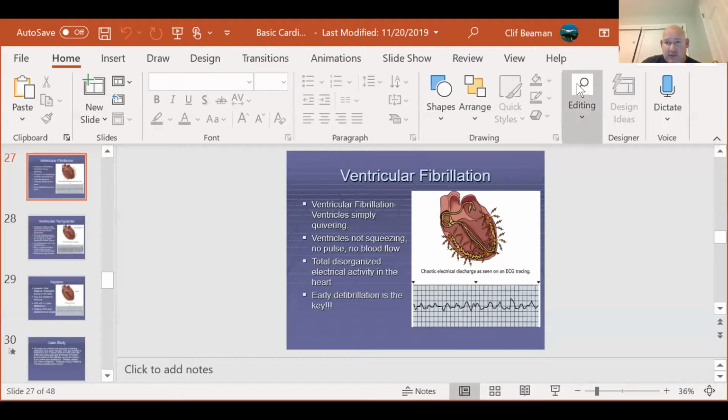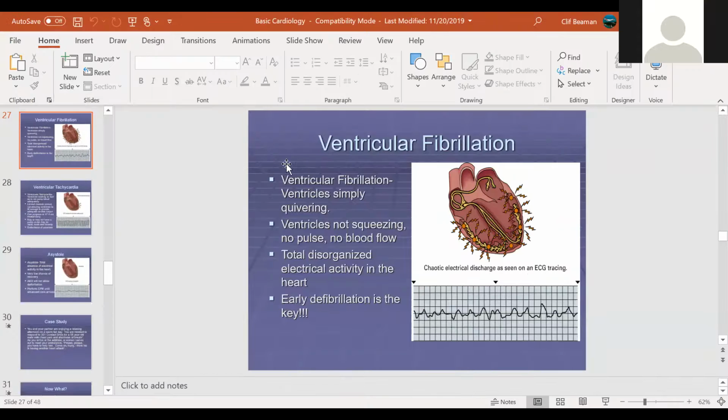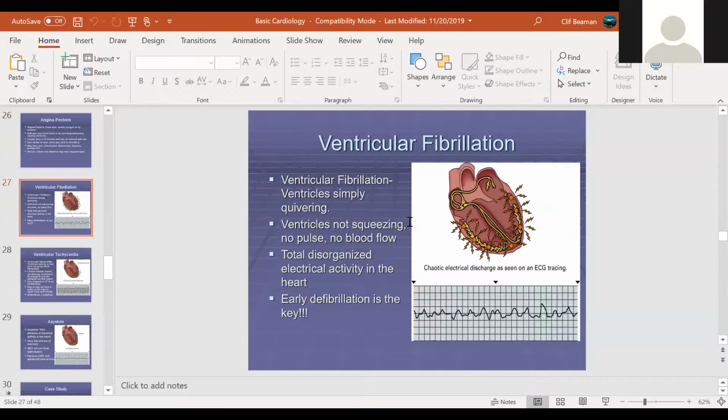So let's talk about the other 3 rhythms. If we're dealing with VFib, what's happening with the heart?